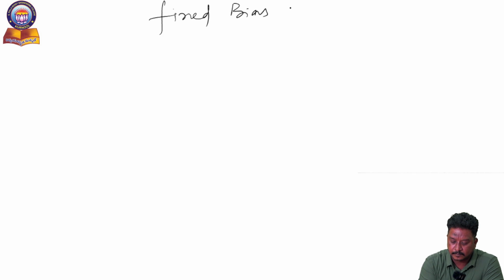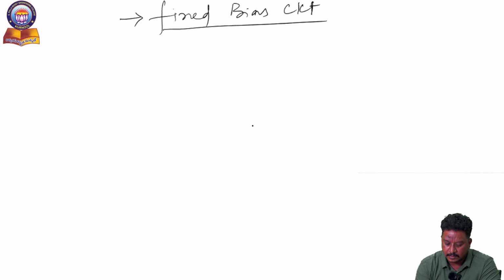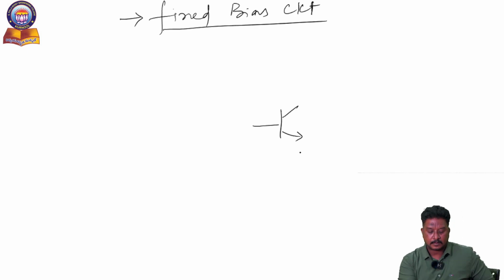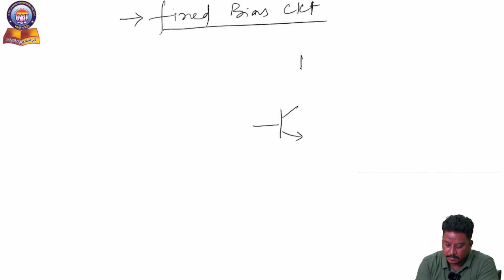In that process, the first one is the fixed bias circuit. So I am trying to draw the diagram of the fixed bias circuit. This is the transistor. This is RB and this is RC and this is VCC.